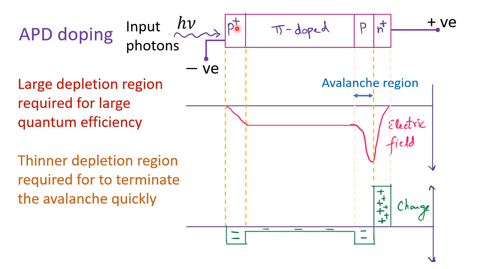By p plus I mean that there is a larger density of the acceptor atoms or impurity atoms that you're doping on here. And then there is a weakly doped p-type material, right? And again the doping increases a little. The uniformity of doping is very crucial to the quality of these avalanche photodiodes.